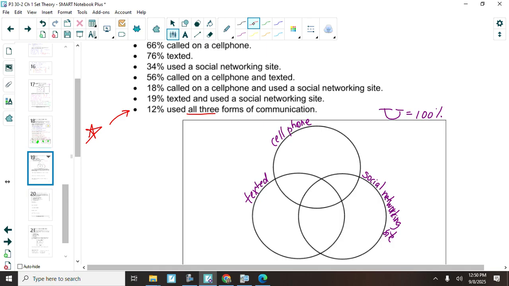This one we know for sure is 12%. I'm going to start with the smallest area and work to the biggest area.